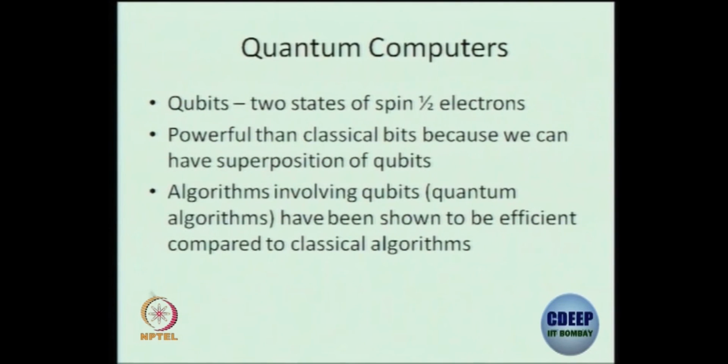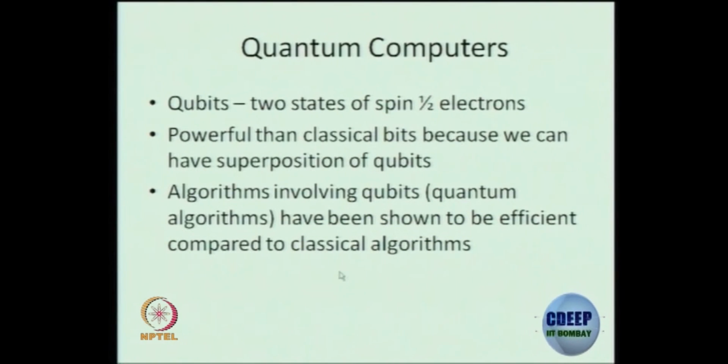Algorithms have already been written in the literature. I'm sure some of you would have known at least. They are called quantum algorithms. They are definitely efficient, especially the factorization problem can be solved in polynomial time, Shor's algorithm. Okay.